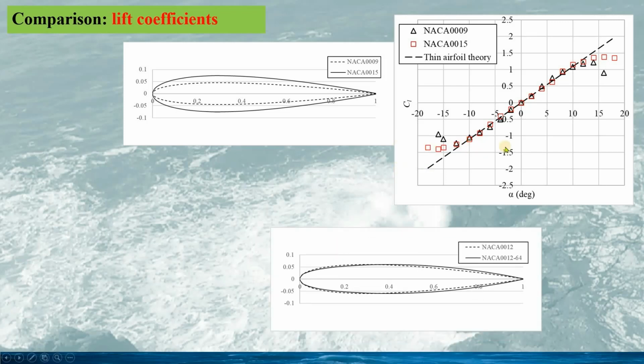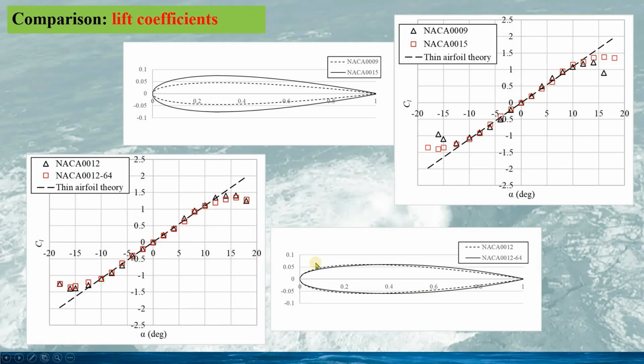The second comparison is for the NACA 0012 and the NACA 0012-64. Both symmetric airfoils have the same thickness, but the latter is the modified version of the former one, with the main difference that the maximum thickness occurs at 40% of the chord, the former at 30%. See the profile comparison.